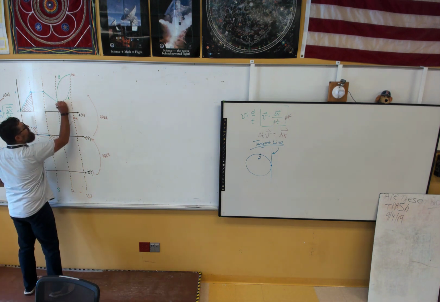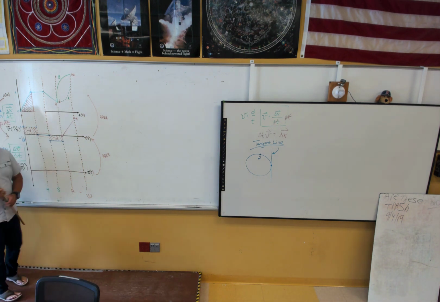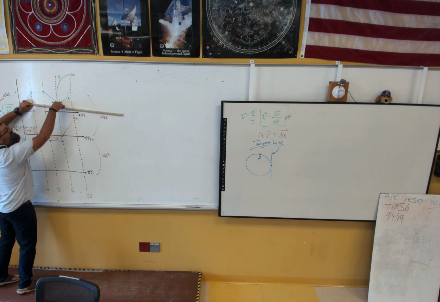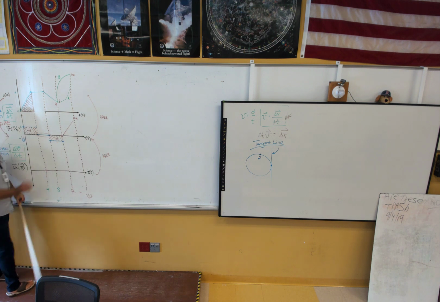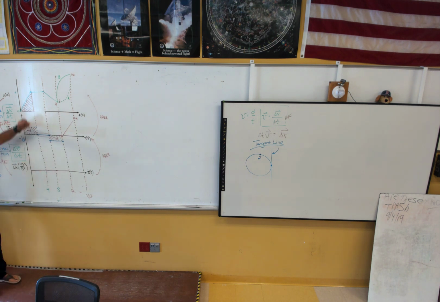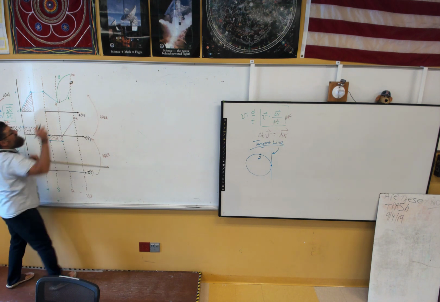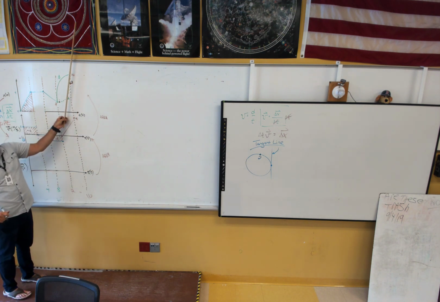Let's take a look at curve A, point 1. The slope of the tangent line is nearly 0. It's slightly positive. And we know that the slope of this tells me what my velocity is doing. Curve A, eventually up here at point 2, gets very, very steep and positive.